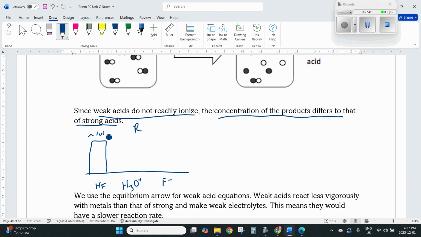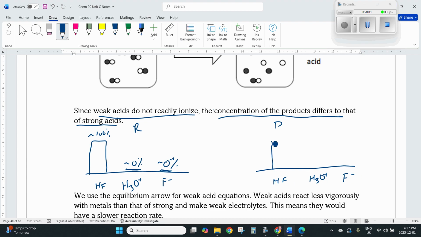You'd have around 100% of your hydrofluoric acid, 0%, and 0% because they haven't dissociated at all. As your products, now this differs. So put your HF, H3O plus, and your F minus.